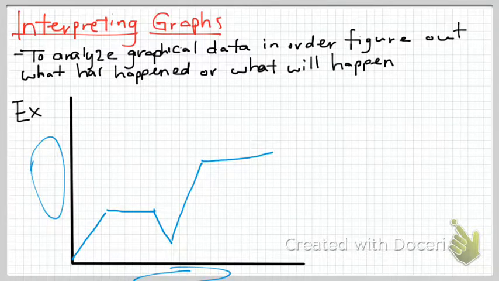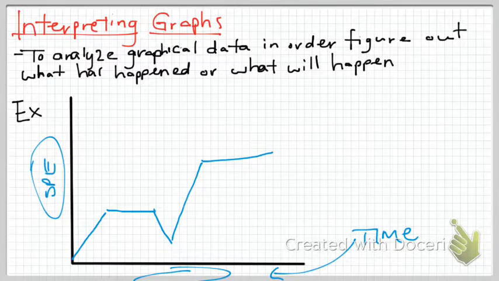So let's just say that this particular axis represented time, and this particular axis represented speed. Okay? So if this is a speed versus time graph, then let's talk about what this graph is telling us.